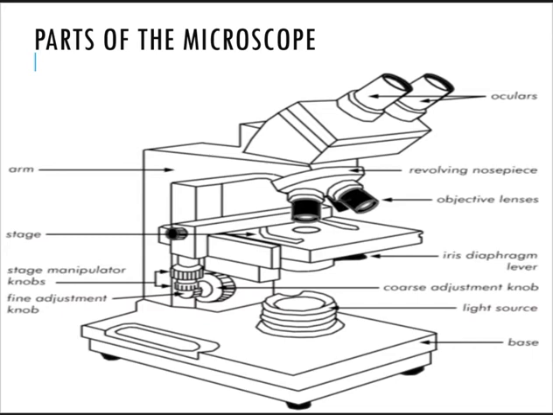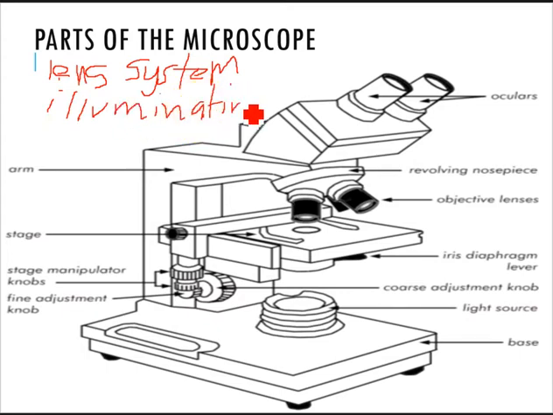I want you to take note that all types of microscopes contain a lens system, an illuminating system, and a body. These will be my board notes, but it's so hard to write.